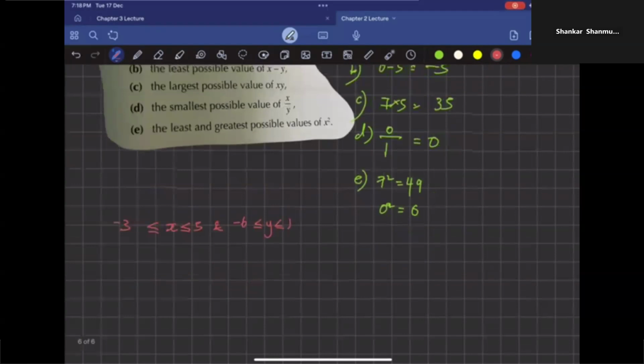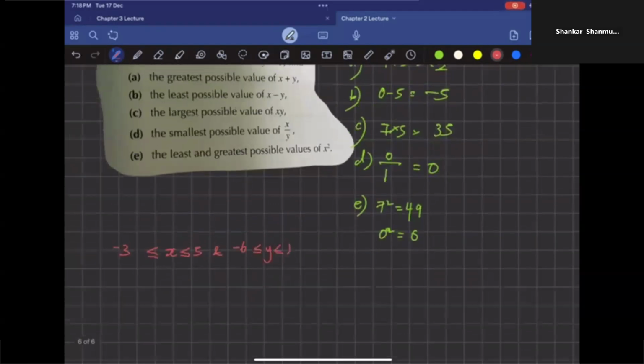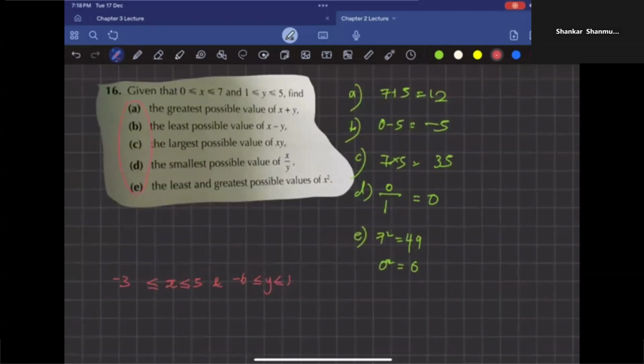Okay, so I want you to try out this question, and these four parts are the same, and then we'll go through it during lesson.